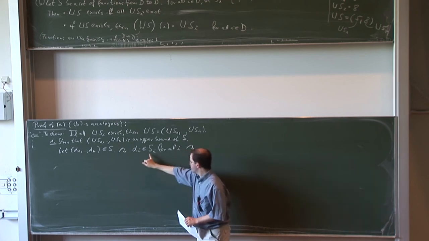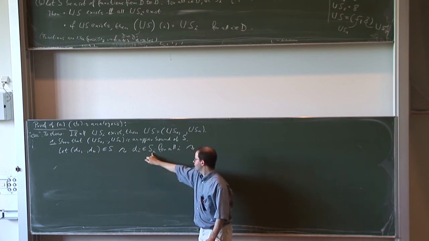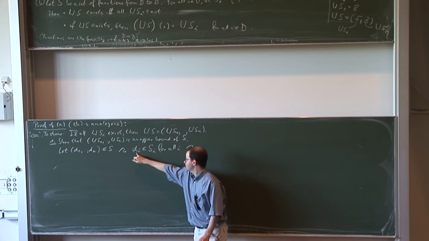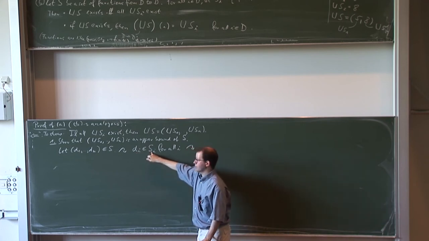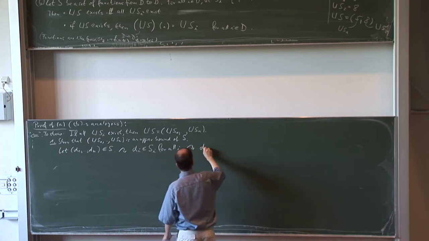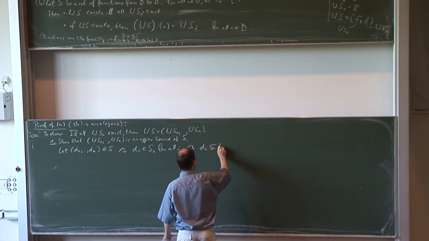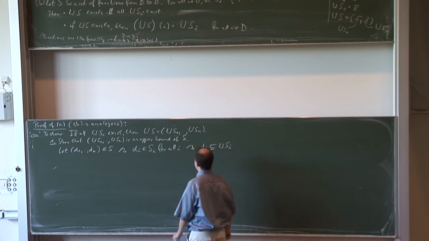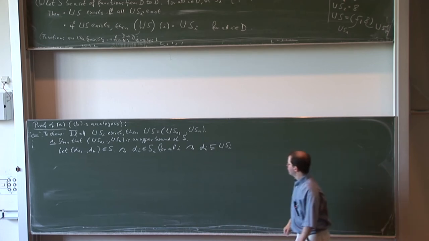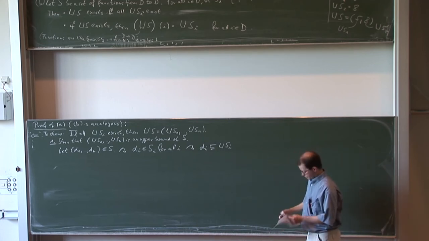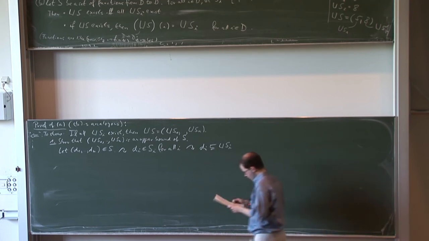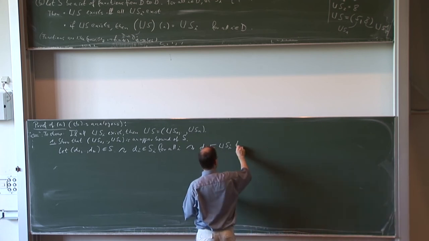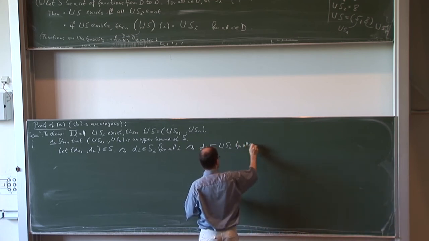Now if di is in Si, then di is smaller than the least upper bound of Si. So di must be less than or equal to the least upper bound of Si, by definition of upper bounds, for all i.